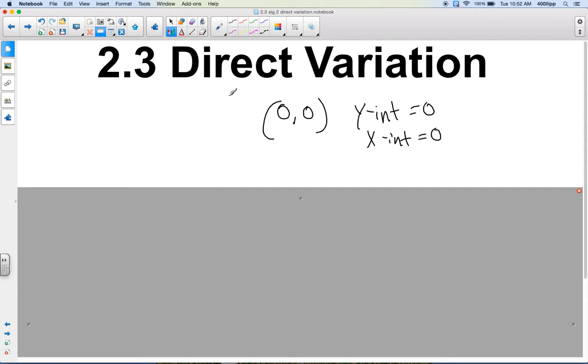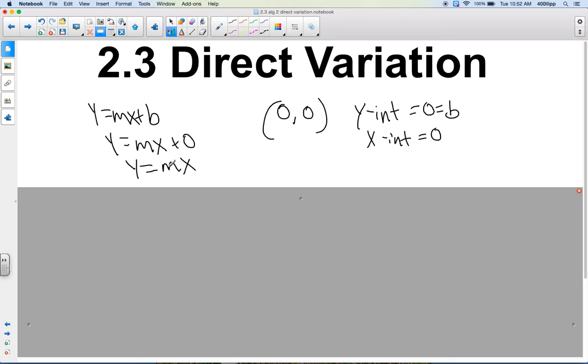So just like a regular linear equation, if we use y equals mx plus b here, which we know is in slope-intercept form, the slope being m and b being the y-intercept, we know that the y-intercept is b, which is 0 for a direct variation. So if we actually rewrite this, we know that your b is going to be 0, and therefore it'll just be y equals the slope times x.